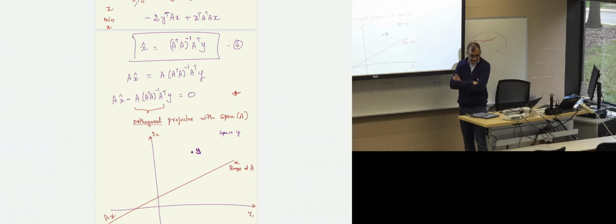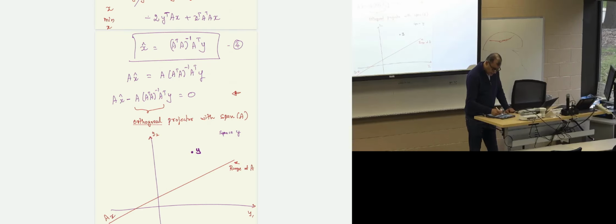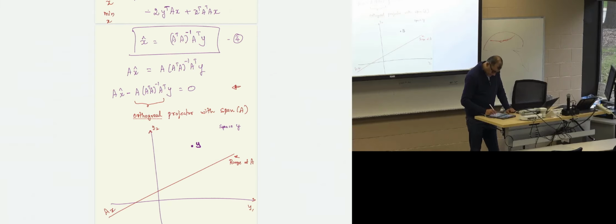What does it tell you? The x star lies on that line which is orthogonal to. Exactly. It's very beautiful, one of those things we should appreciate. This is x hat.